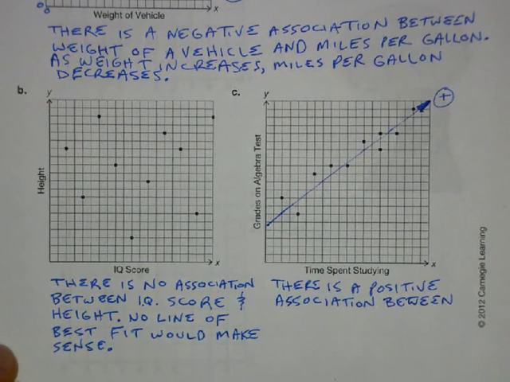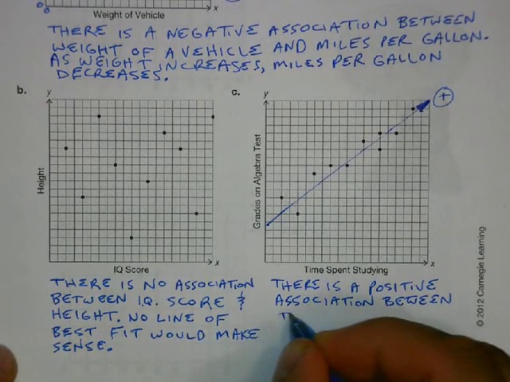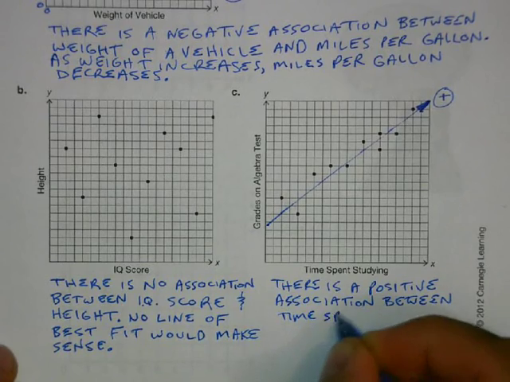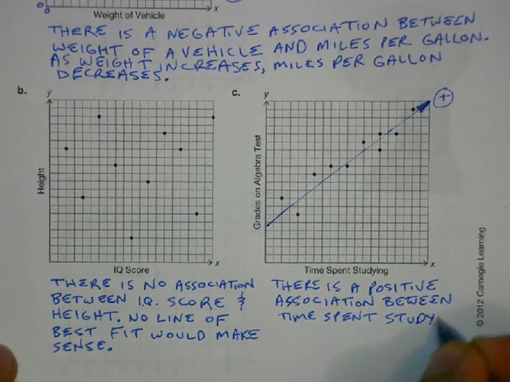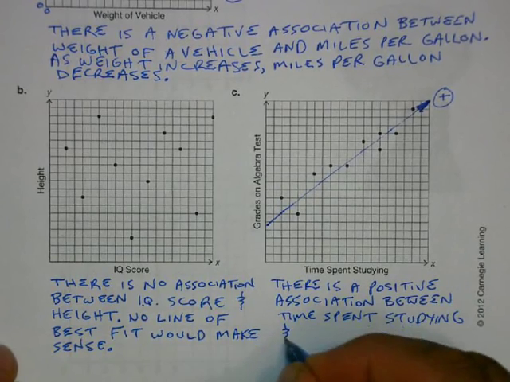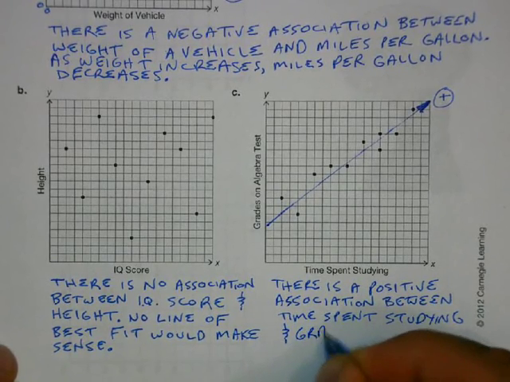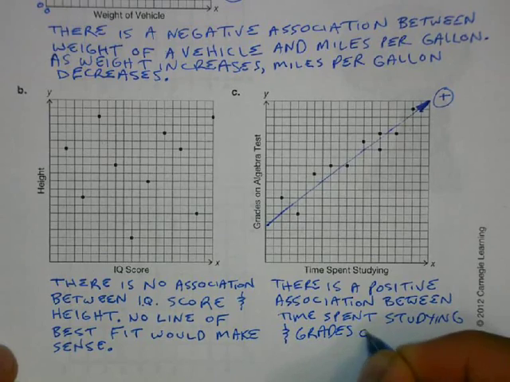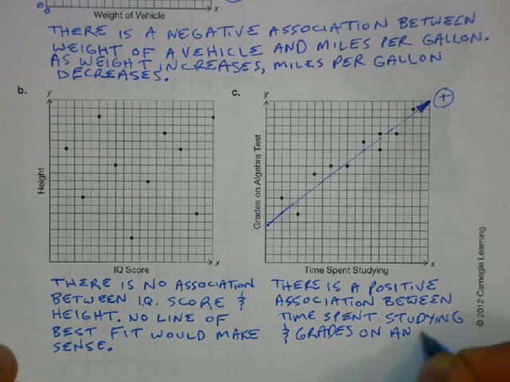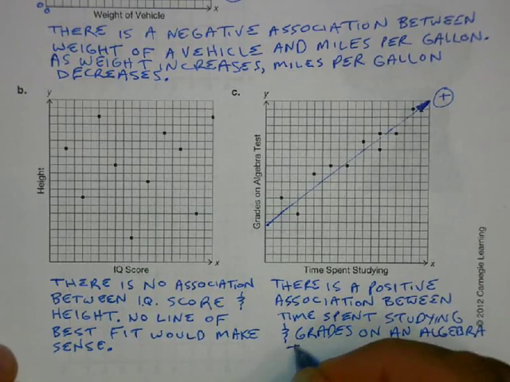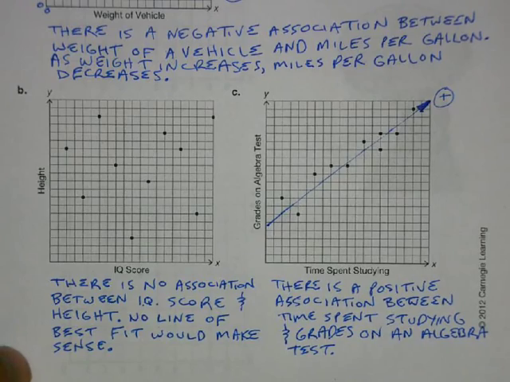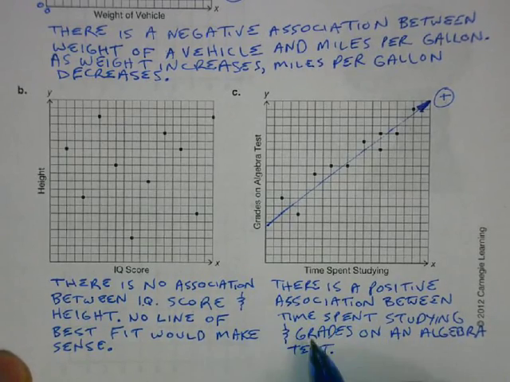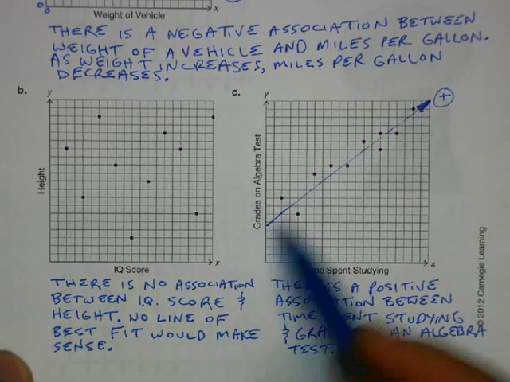Now we also want to state, how do we know this? Well, we know this because at the beginning of the graph, less time spent studying results in a lower score, a lower grade. And then as we go this way, it's more time spent studying, and the grade is higher on the algebra test. So we could say as time spent studying increases, grades on the algebra test increase. So we could say this.